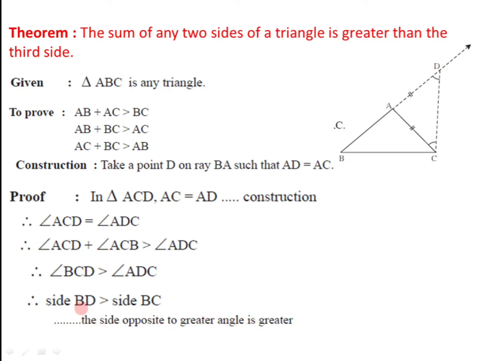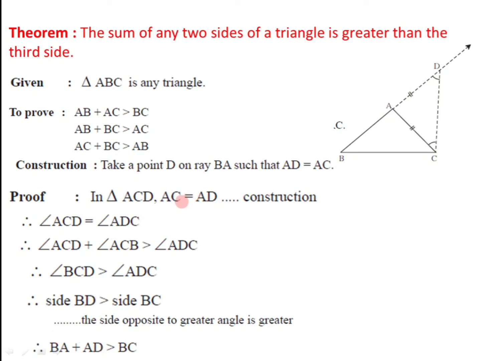Now see in the diagram what BD is. We get segment BD if we add the two smaller segments BA and AD. So instead of BD we can write BA plus AD, which is greater than BC. We have replaced BD by BA plus AD, as B, A and D are collinear points, that's why we can split BD into BA plus AD.